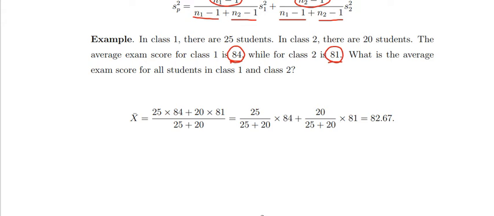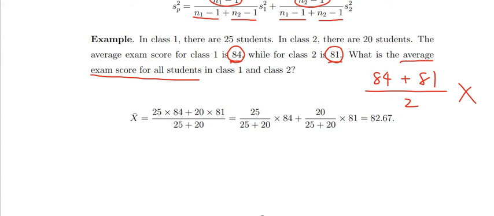How about if we want to find the average exam score for all students? There are two classes, so put the two classes together. What is the average for all? We cannot just do 84 plus 81 divided by 2.